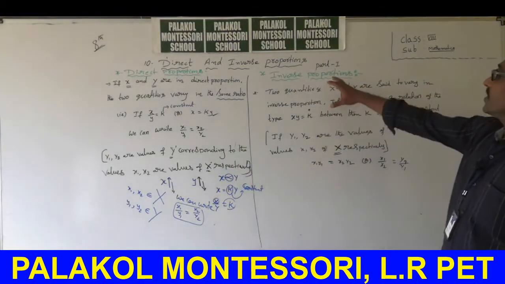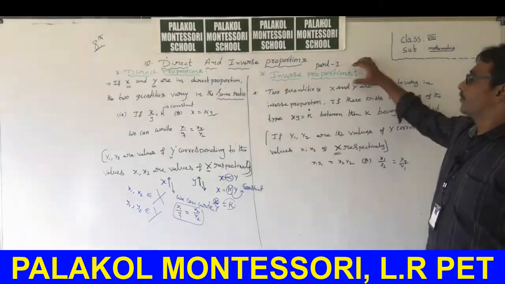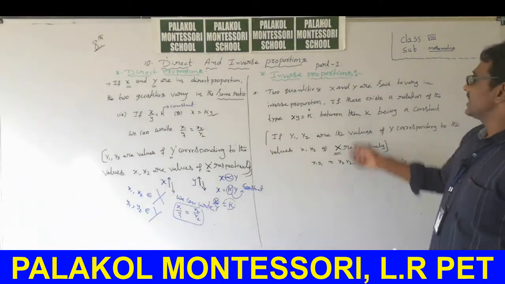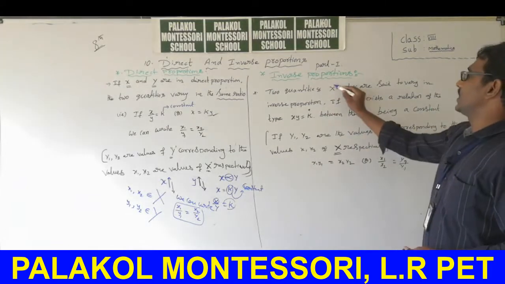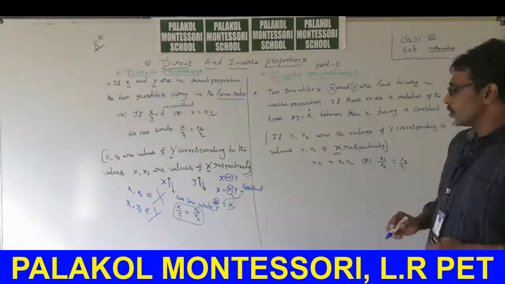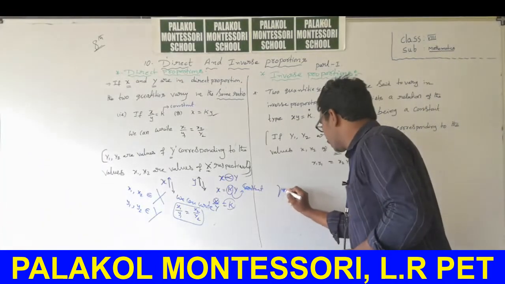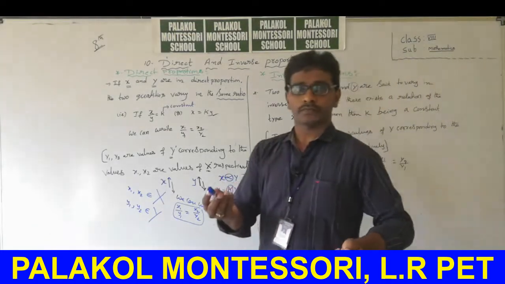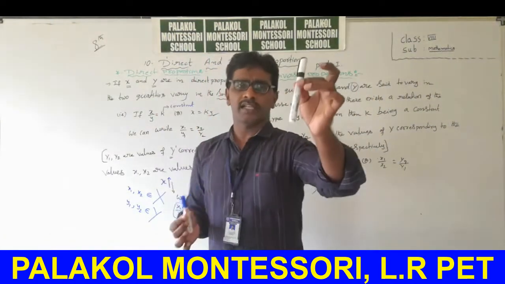This is inverse proportion. In this case, I have taken two quantities, one is x, another one is y. I write the two quantities x and y on the blackboard. This is one quantity, this is another quantity.